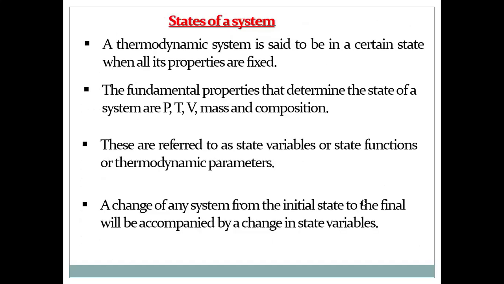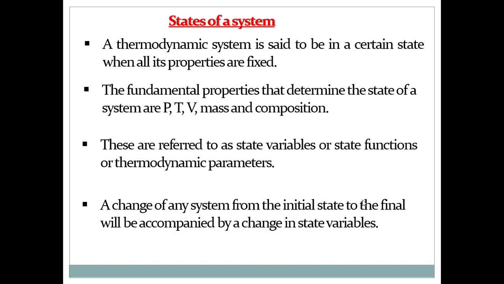States of a system. A thermodynamic system is said to be in a certain state when all its properties are fixed. Remember what we said, the properties are pressure, temperature, volume, and maybe concentration. So, if a certain property is fixed, we can say a thermodynamic system is in a certain state.